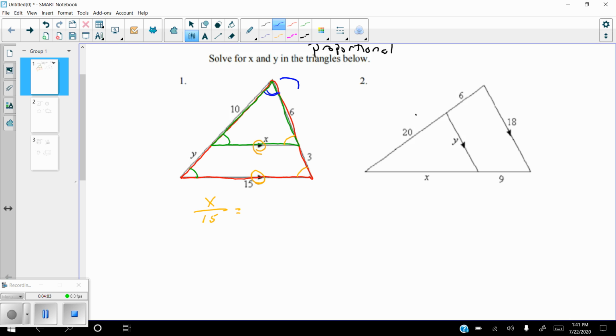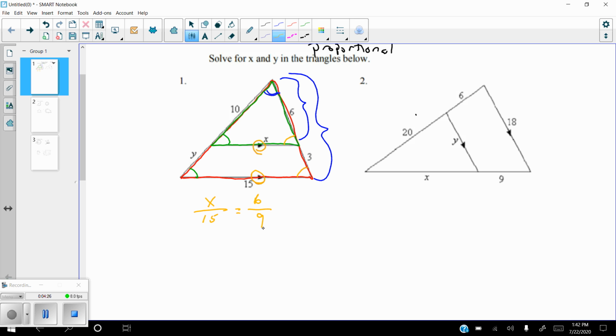This side, 6, goes with the smaller triangle, so it matches up with the x. And then the entire side of the big triangle, which is 6 plus 3, so that's 9, matches up with the larger triangle.